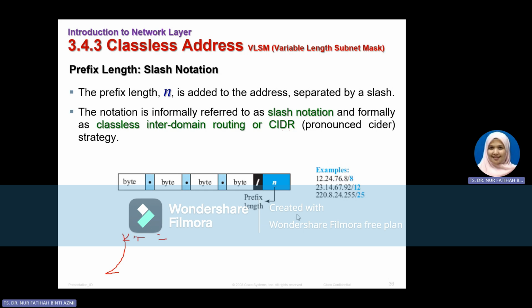So if you have a very big block, meaning that very few organizations use these days. For the mid-size block, we have the example here, slash 12, meaning that 12 bits are fixed for the network.